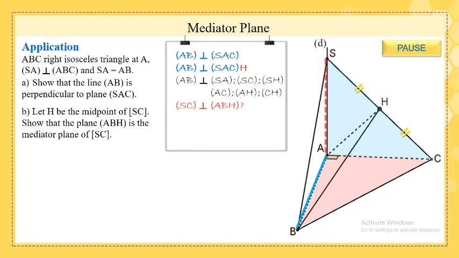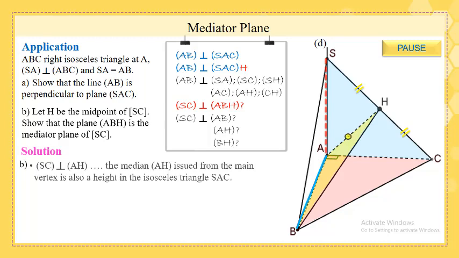Now, why is SC perpendicular to plane ABH? Is it perpendicular or orthogonal to AB, to AH, to BH? Remember, we need two intersecting lines in plane ABH. Well, first of all, what we have is that line SC is perpendicular to line AH, since the median AH issued from the main vertex is also a height in the isosceles triangle SAC.